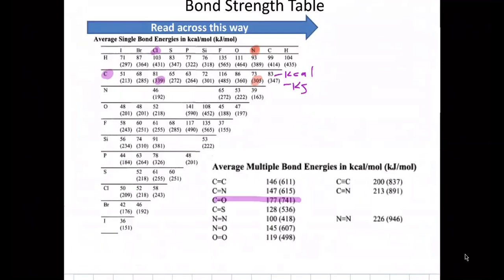CH, we got to start at H, so we'll start up here and go across to C. That's 414. And then we made an OH bond, so we can start at H and go over to O, and that's 464. Follow me?